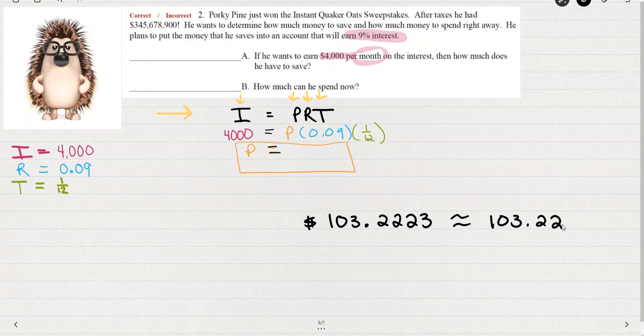But notice that $103.22 is a little bit too little. It's not quite enough to get to this value here. We need at least this number.